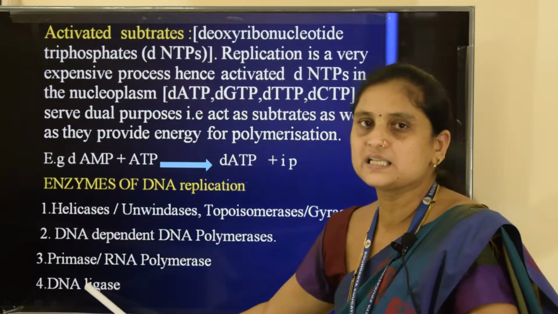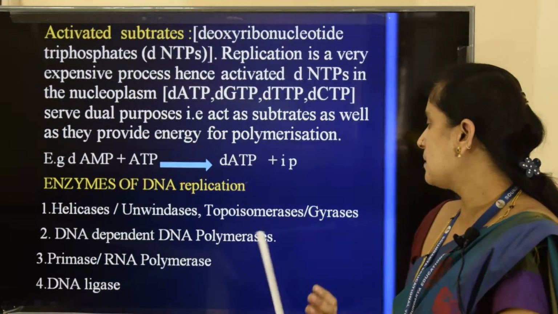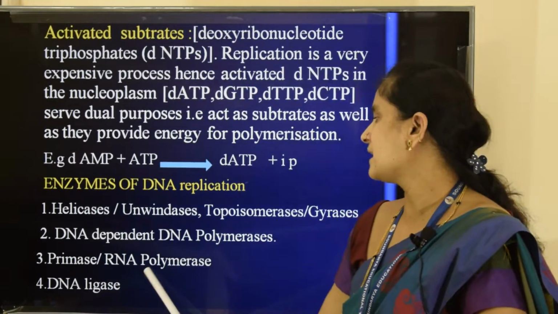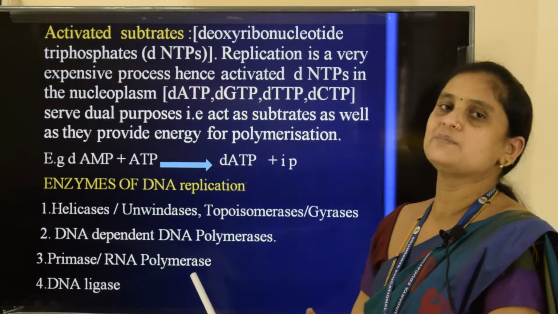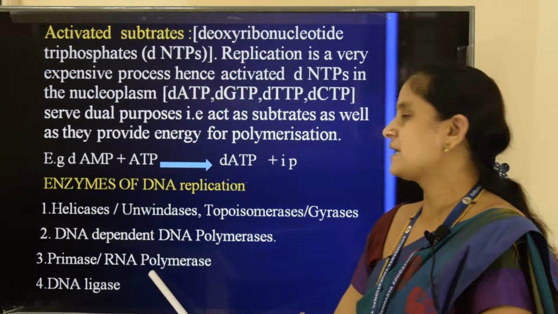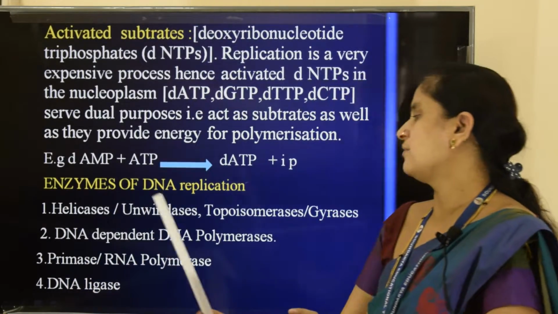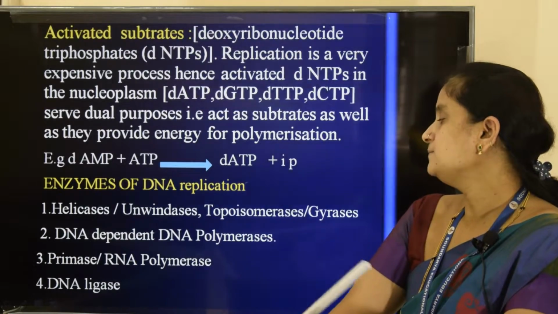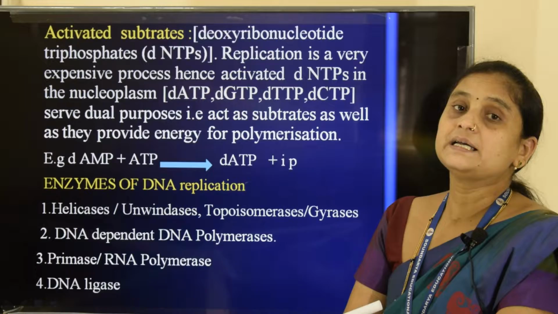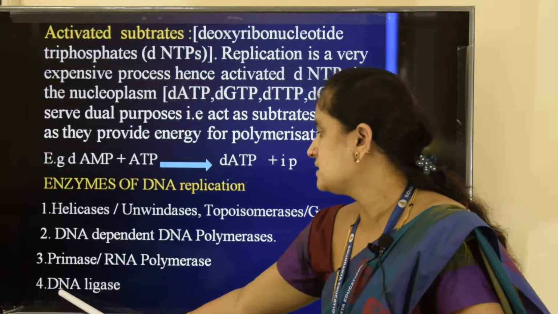So as we have DNA polymerase which polymerizes DNA, here we have RNA polymerase which polymerizes the RNA strand. Primase is also known as RNA polymerase. Then we also have one more group of enzymes which is very essential in DNA replication, as well as very useful in recombinant DNA technology, which is DNA ligase.